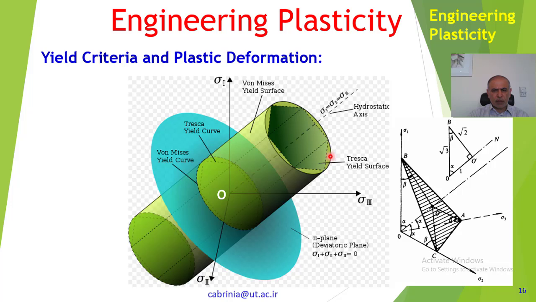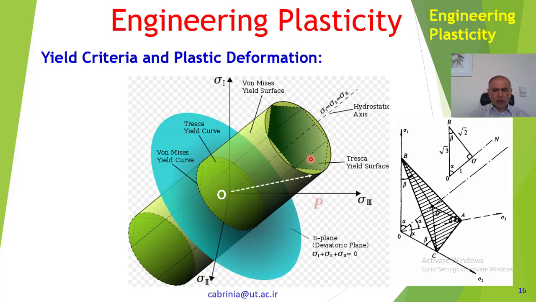As you can see, this is the von Mises yield surface, and we call this the pi plane because it's situated at point O, a deviatoric plane, of course, and sigma 1 plus sigma 2 plus sigma 3 is 0 here because it is at point O. And that's the line of hydrostatic stress where sigma 1, sigma 2, sigma 3 are equal, and this line makes equal angles to all three axes.